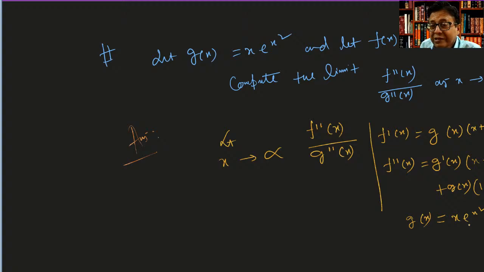So g dash x you can find easily, that will be x into 2x e to the power x square. Okay?